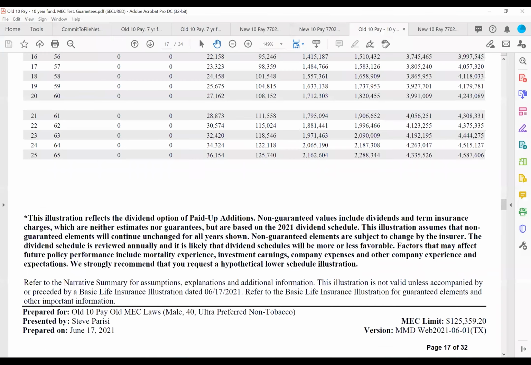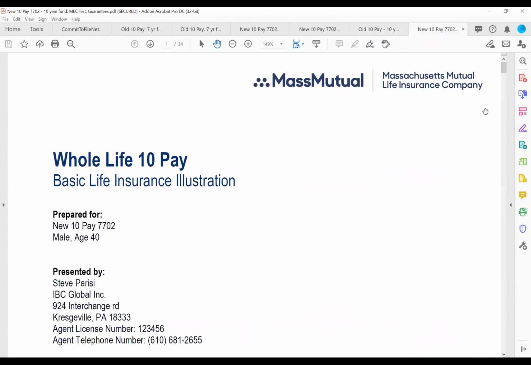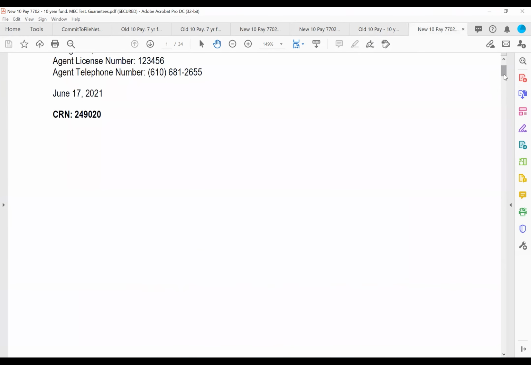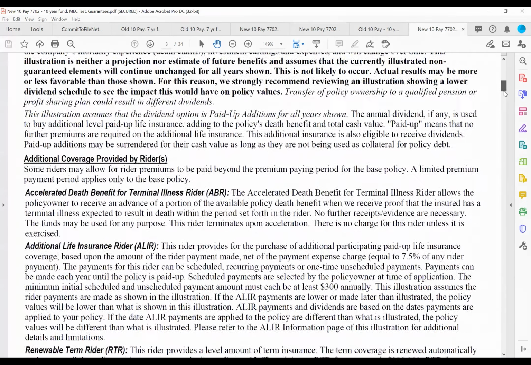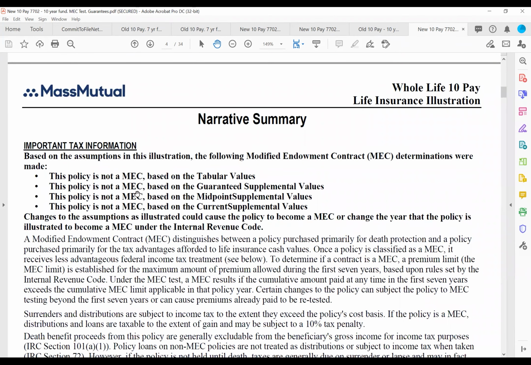Let's go back to the study. There's the old product. Let's look at the new one. Same thing here. Let's scroll down. What do we notice here in our MEC test? Not a MEC, guaranteed, midpoint, supplemental values. This has to be a fair comparison.